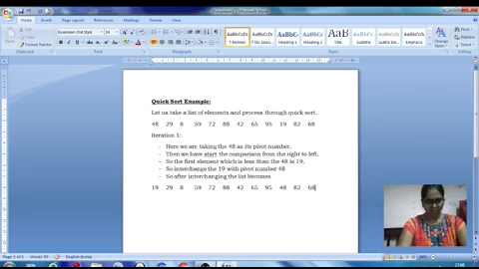Now the comparison in iteration 2 we are going to consider here.